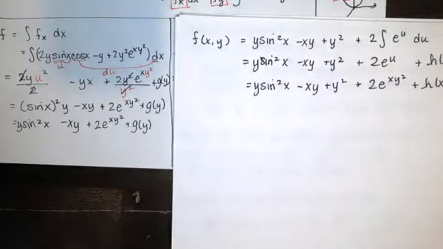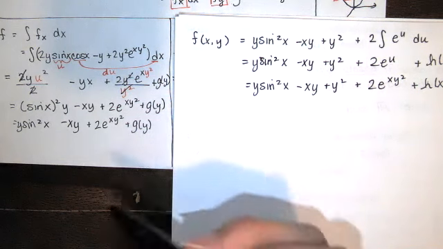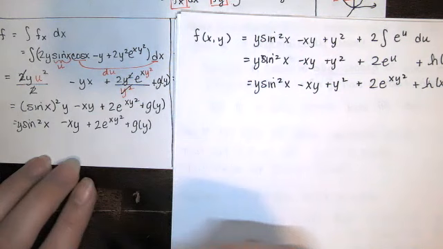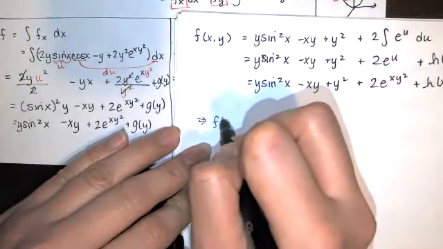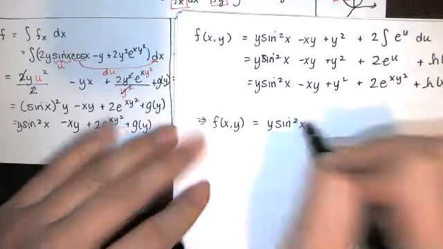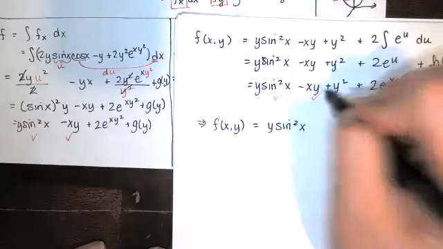Question is, which or what are these functions, h of x and g of y? Well, I've got this and this, those match. That's what f is. I'm trying to figure out what f of x, y is. So it has a y times sine squared x in it. It also has a negative xy in it.